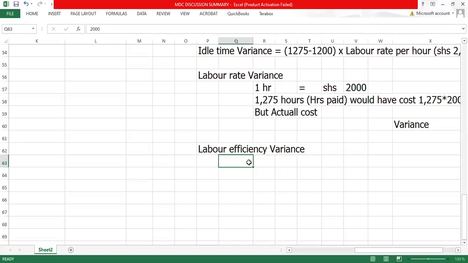Now labor efficiency, you are looking at the time you take to make a dress.